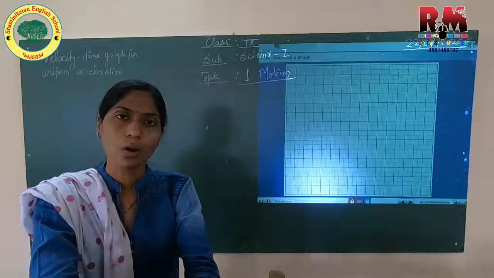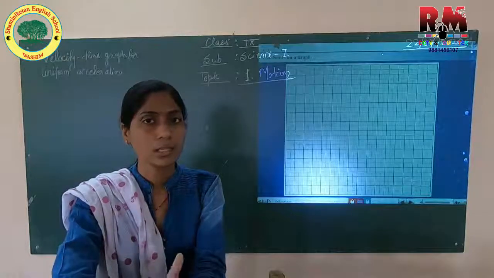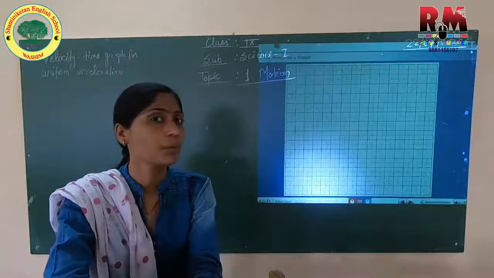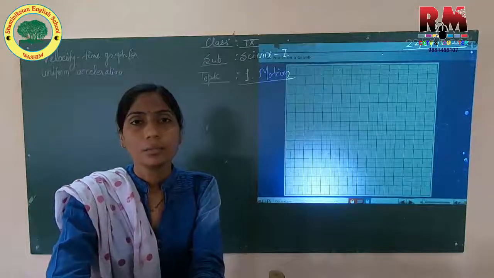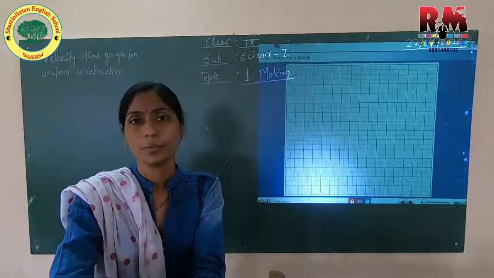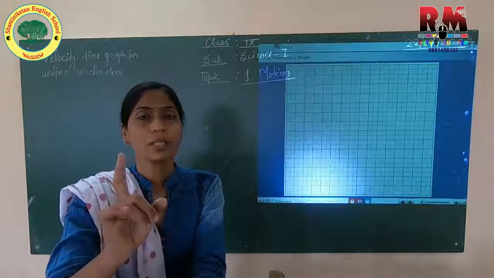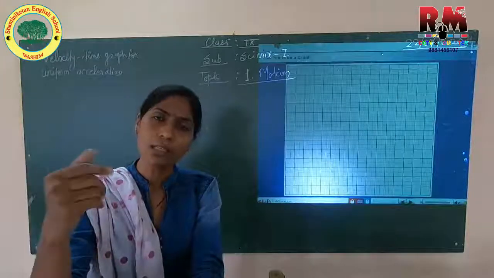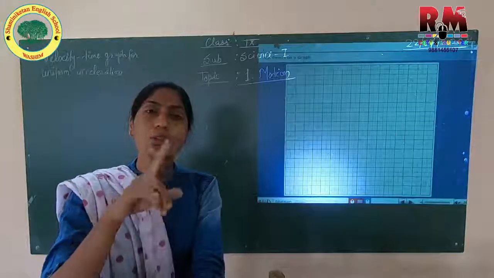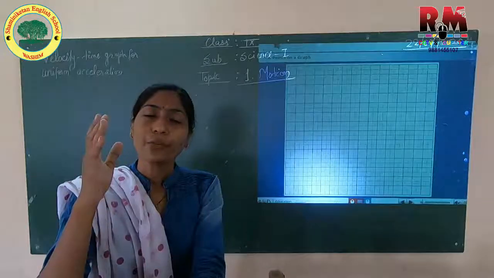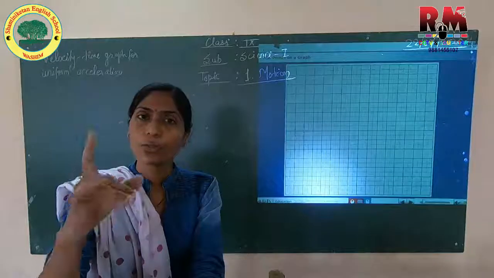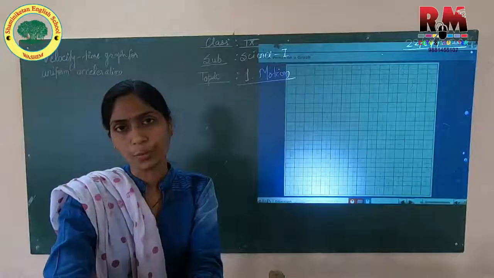Why? Because speed is depending on distance and time. Please mark my each and every word, children. See carefully the video. Correct? So if equal distance in equal interval of time, then the speed will be uniform.